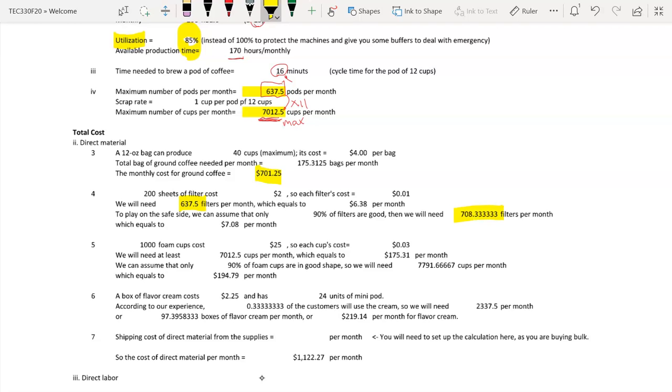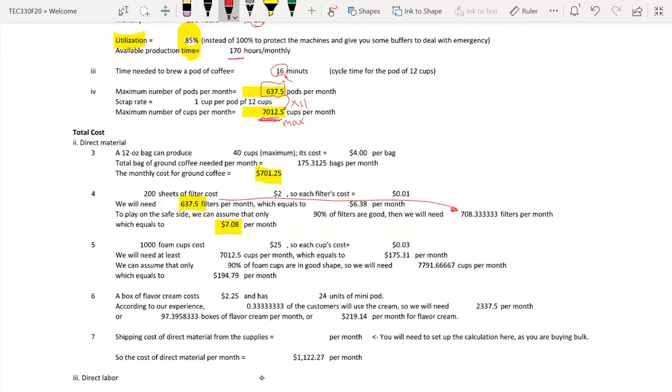This is 709. We got a number like this in filters, just the filters. From here to here, this is the scrap rate. The filter might not be good, or your installation was not appropriate, so it doesn't work.